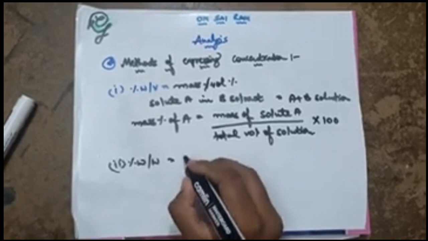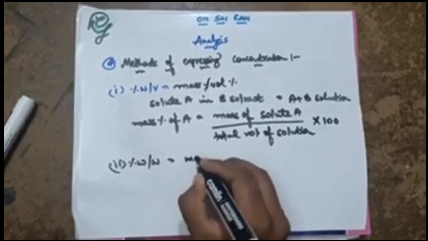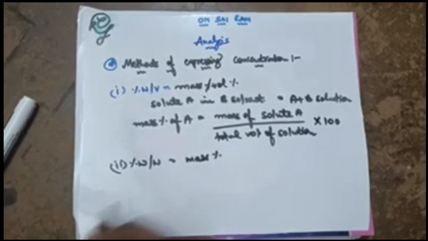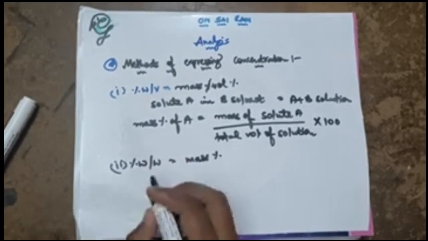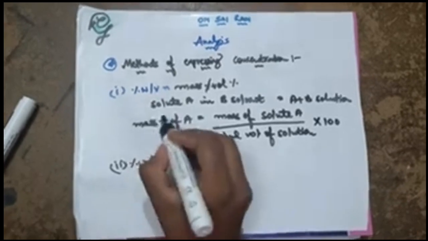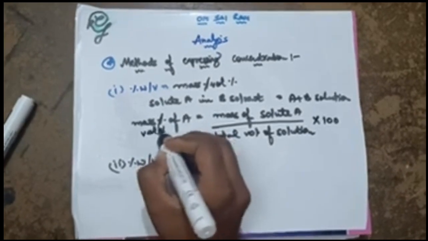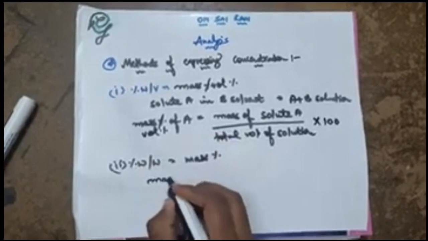And percentage weight by weight is the mass percentage. Same example, solute A in B solvent gives you A plus B solution. The previous one was mass by volume percentage, and now this is mass percentage.